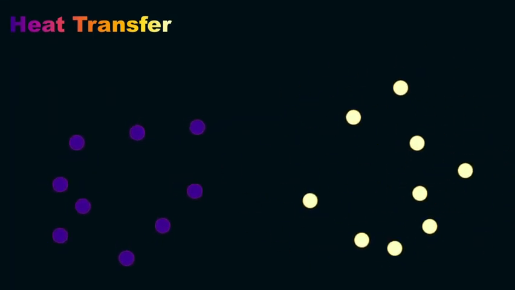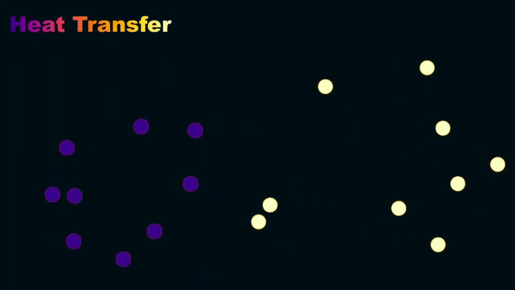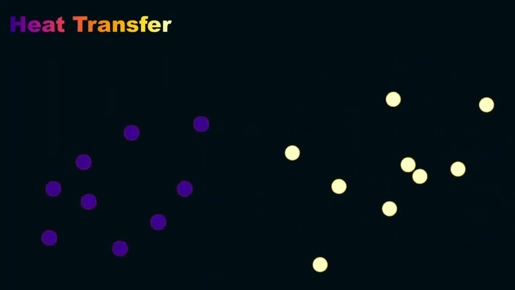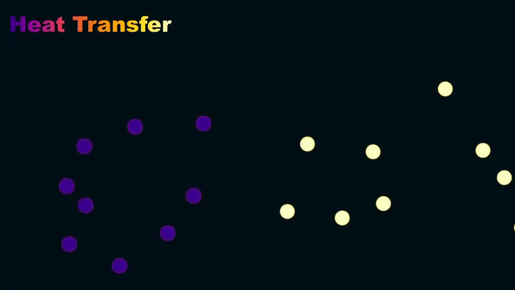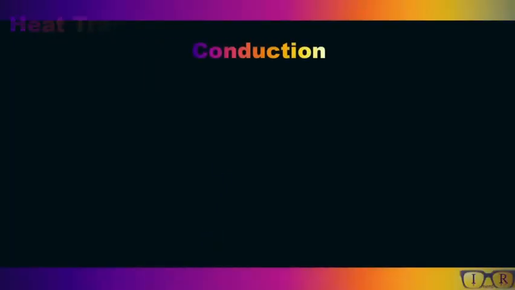And there are three different ways that this heat transfer can occur: conduction, convection, and radiation. In this video, we're going to talk about conduction.